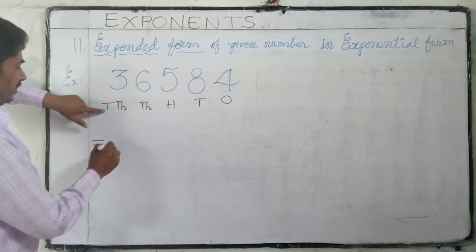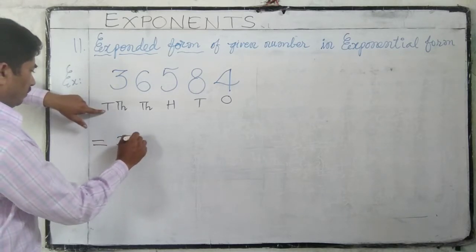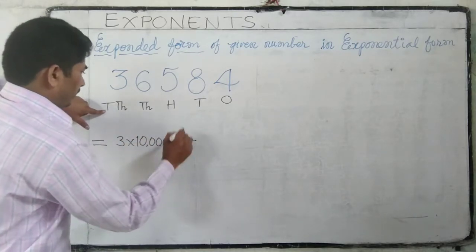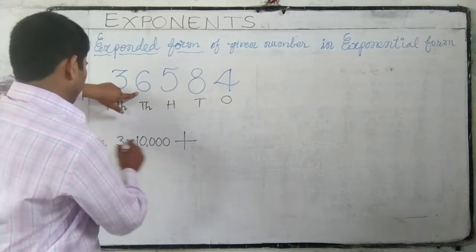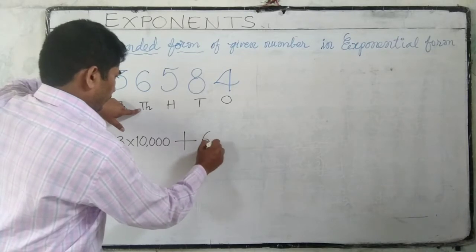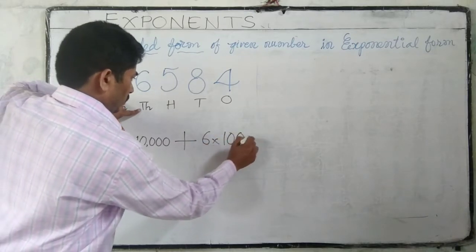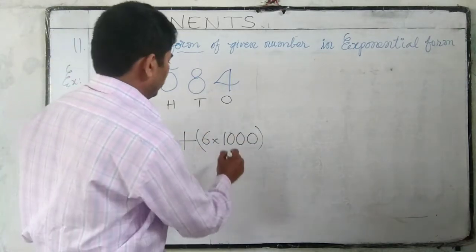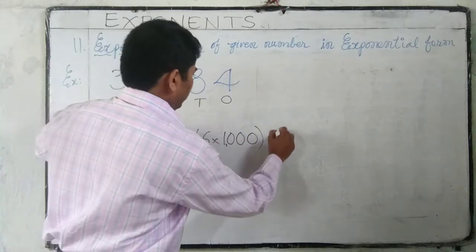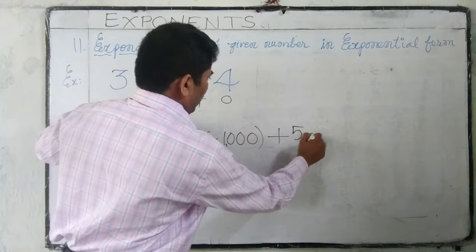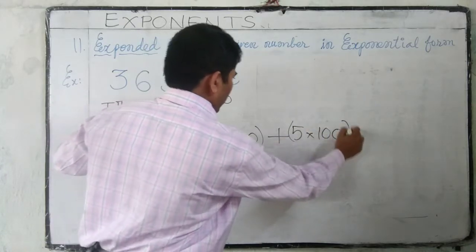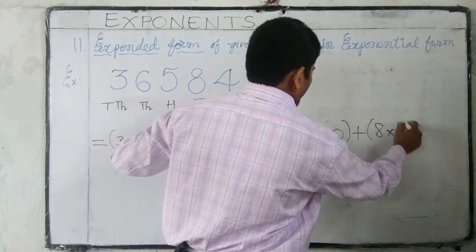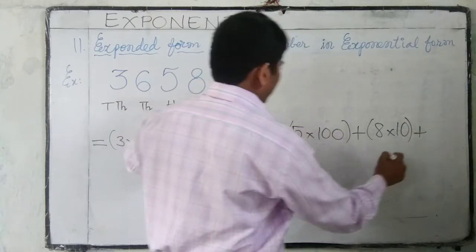Three 10,000s are plus, to give clarity, we may keep a bracket also, 6,000s are plus 500s are plus 8 tens are plus 4 ones are.